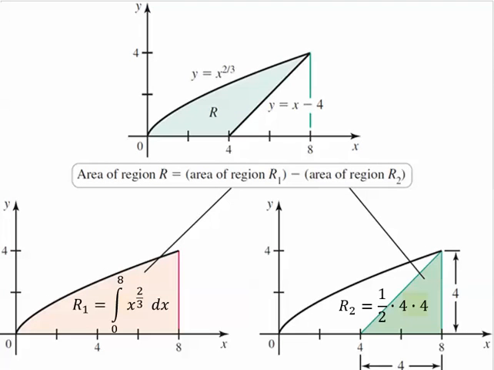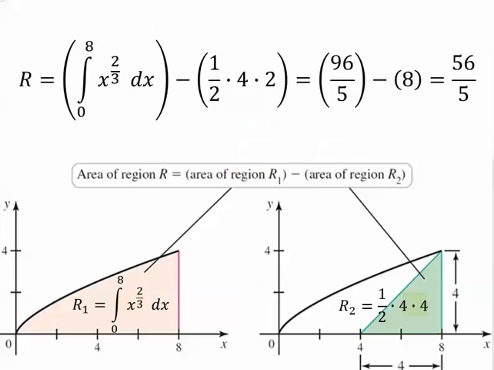So R1, I would just integrate my upper function, x to the 2/3, from 0 to 8. And then region 2, that's just a triangle. So I just go 1/2 height times base. And so if I go region 1 minus region 2, I'd get the same answer, 56 divided by 5.